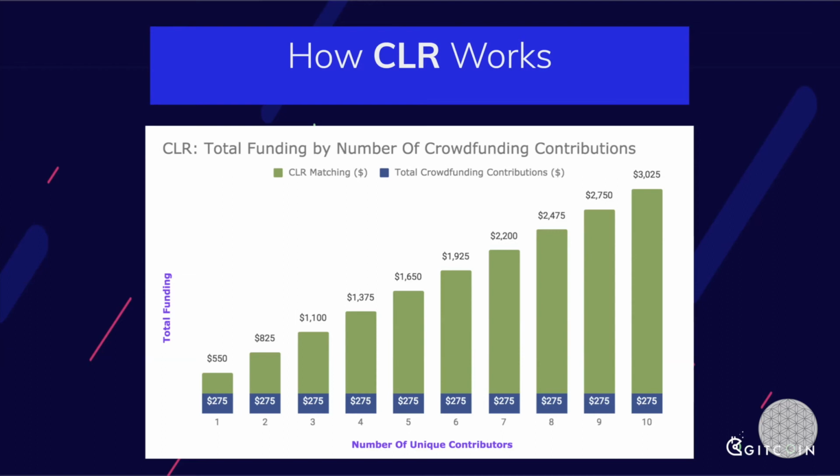One of the things that's important to note here is that obviously these numbers will scale pretty rapidly. This is where the capital constraint component comes in: we want to cap these by the matching pool that's being set in advance of the round.